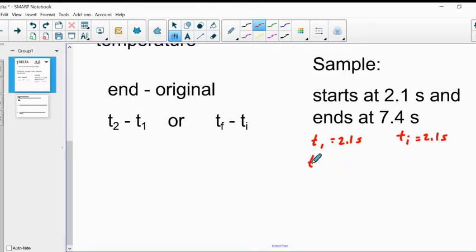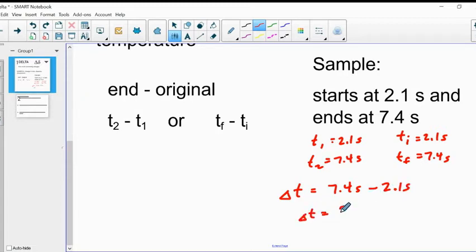And my second time, T2, is 7.4 seconds. Once again, you could also call it TF, my final time of 7.4 seconds. So if I wanted to know what my delta T is, I'm just going to take 7.4 seconds, subtract 2.1 seconds, delta T equals 5.3 seconds.